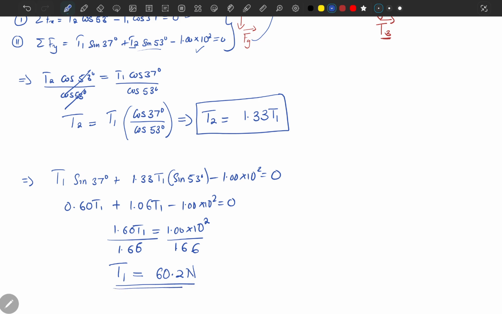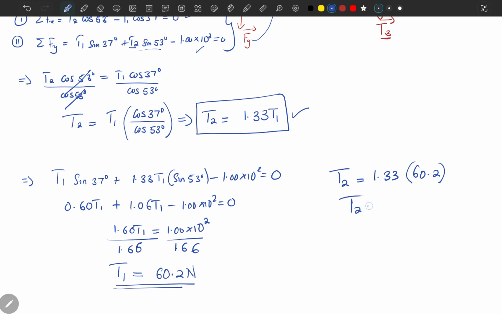But how do I get tension 2? I'll go back to there. I know that my tension 2 is 1.33 multiplied by tension 1, which is 60.2. So I'm getting 60.2 multiplied by 1.33, which is 80.